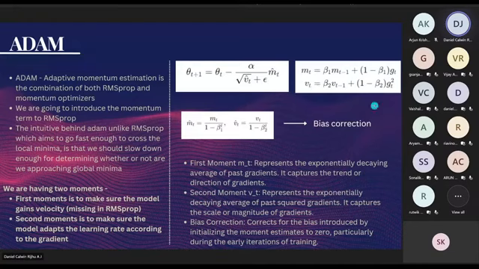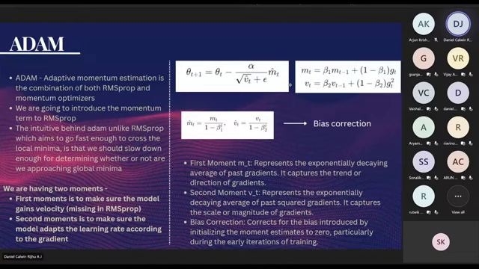So in ADAM, as is obvious, we are going to combine the benefits from both momentum and RMS prop operators. The parameter updation here is going to be something like this: theta t plus 1 equals theta t minus alpha divided by this term into this momentum term, which is going to be a combination of parameter updation from SGD with momentum and RMS prop.